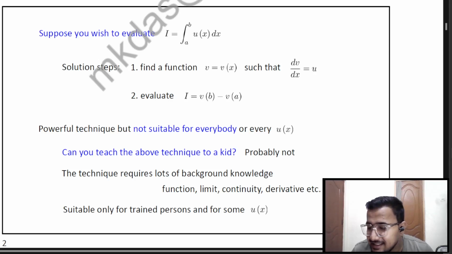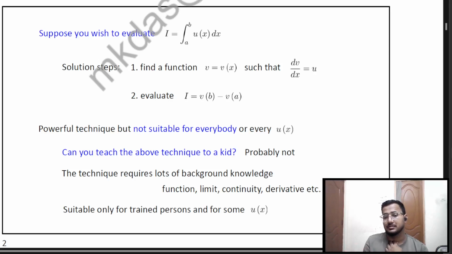But this technique is not always very helpful, because sometimes we will not be able to find that v expression, because it's very difficult by hit and trial. If you have something very complicated, you will not be able to find v(x).